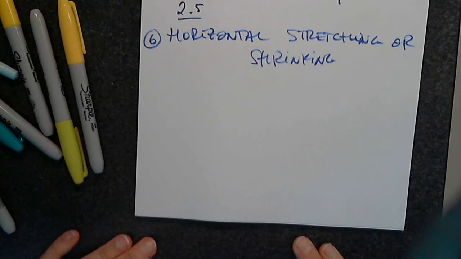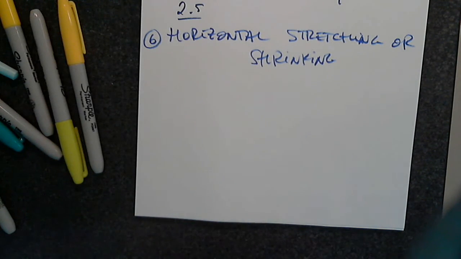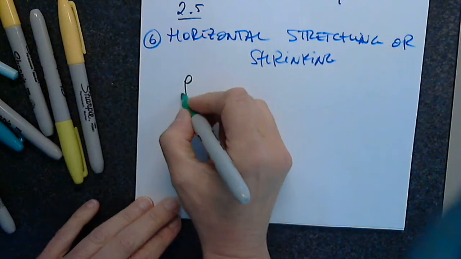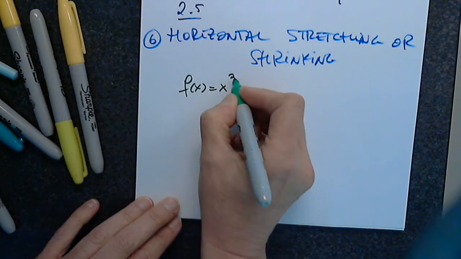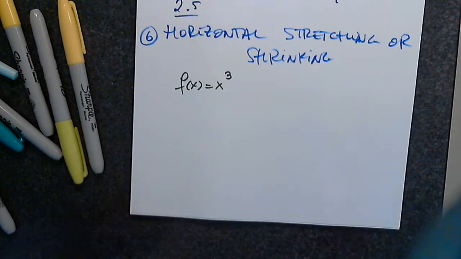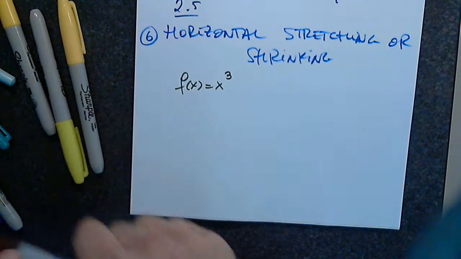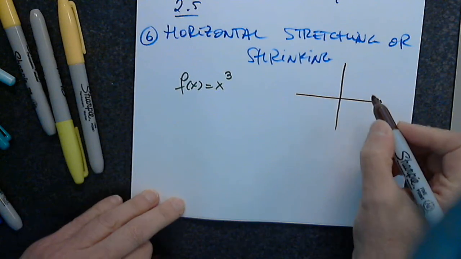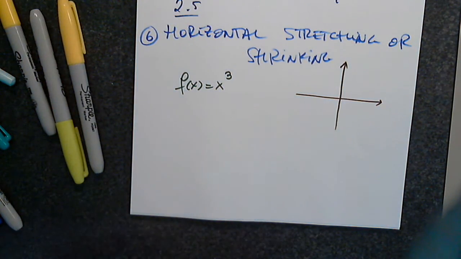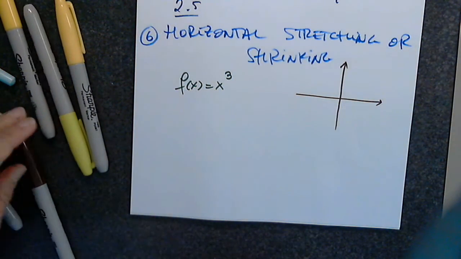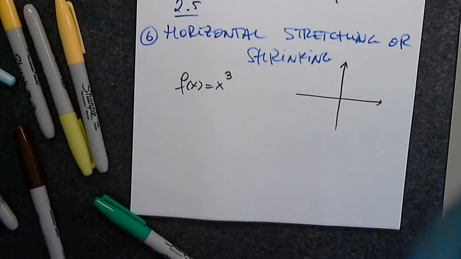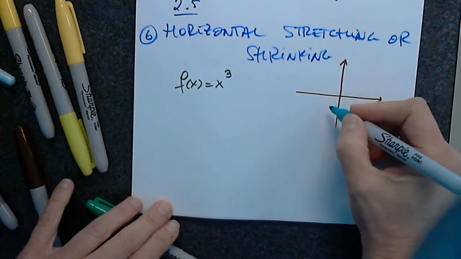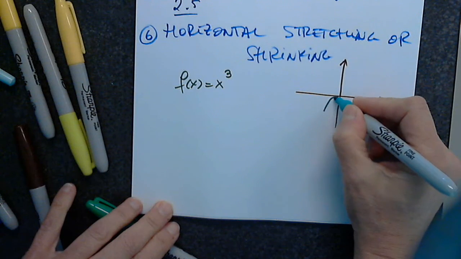Okay, horizontal stretching or shrinking. Let's start with f of x is x cubed. This function was committed to memory some time ago in transformations. And here was the graph, and we used it for symmetry.